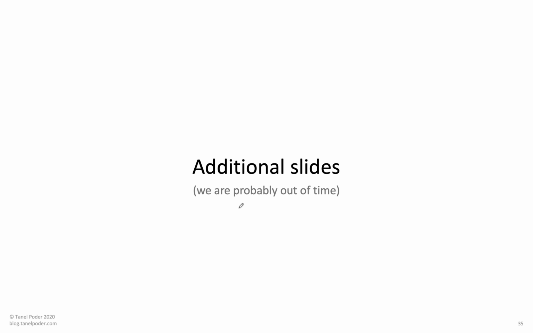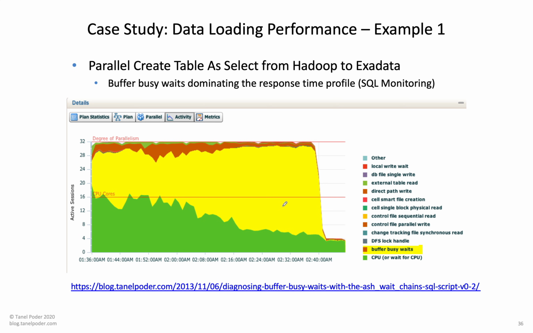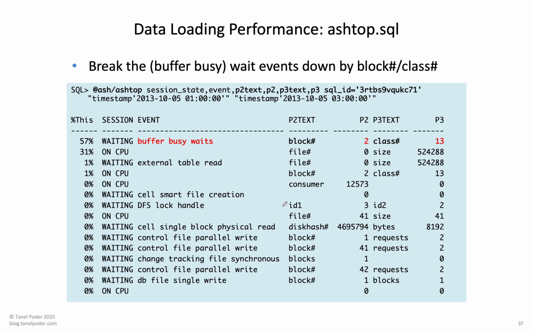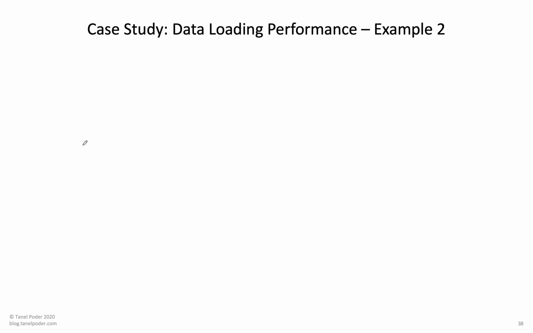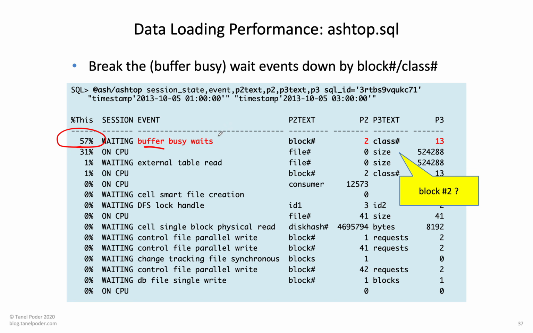Okay, and as you see, we're probably out of time, so I'll just skip. I've explained this in my blog entry quite many times. You see buffer busy waits as a top wait. This was a parallel CTAS as well, actually, and this was block class 13, block number 2 in a data file.